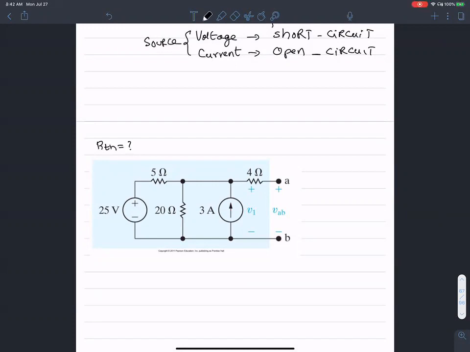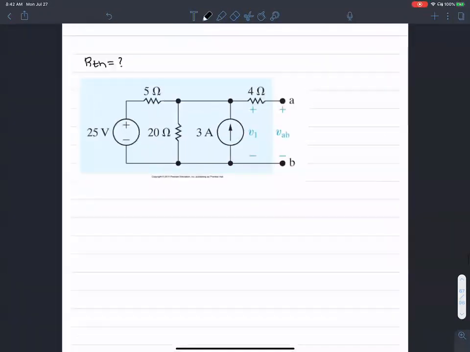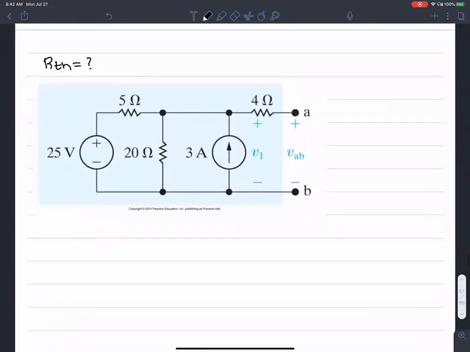In order to find RTh, I have to deactivate all the independent sources here. There are two independent sources: a voltage source on the left, 25 volts, and a current source on the right, 3 amperes.